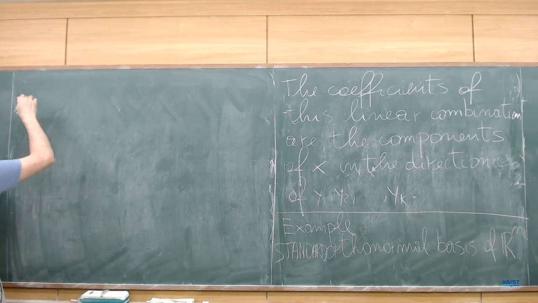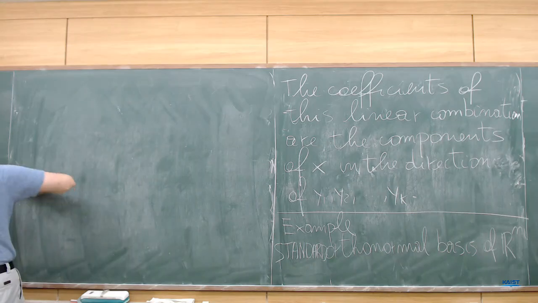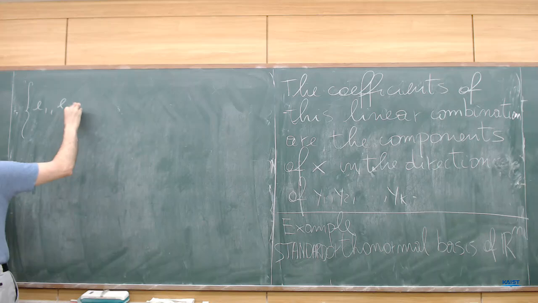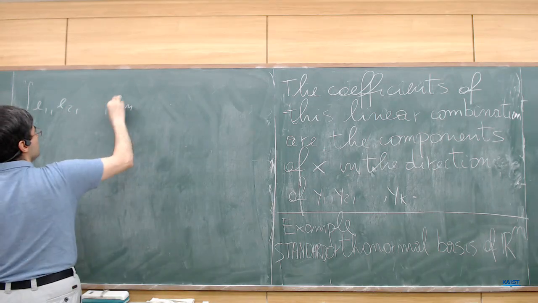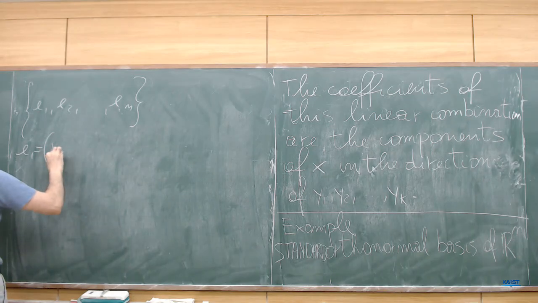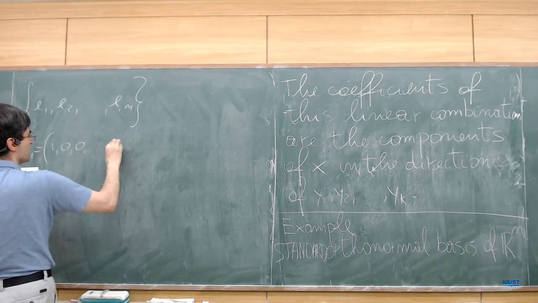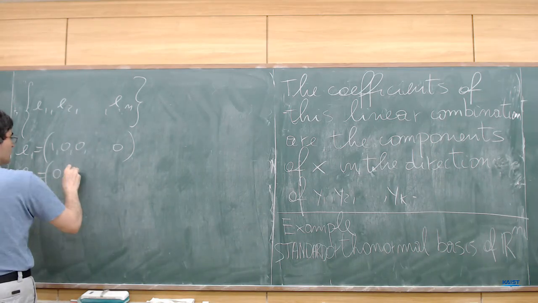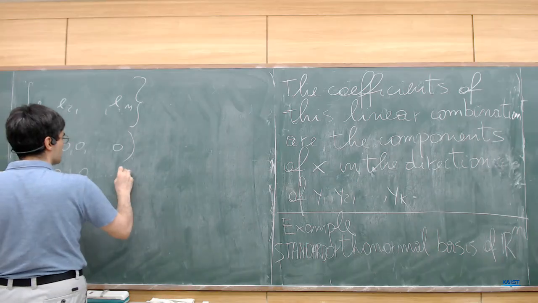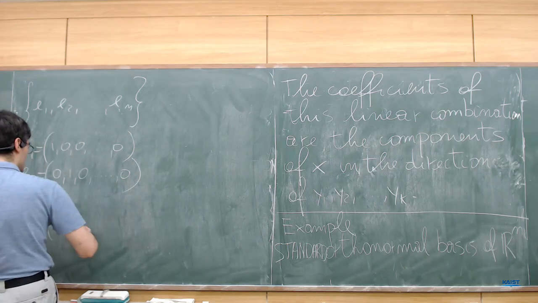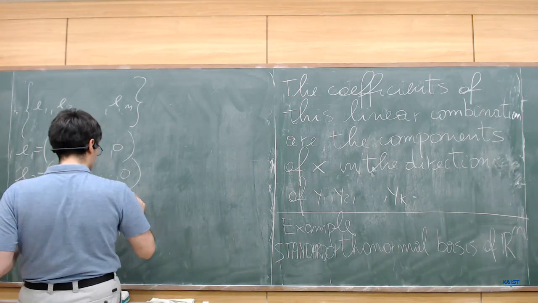This basis is given by the vectors e1, e2, ..., en, where e1 is the vector whose components are 1, 0, 0, ..., 0. e2 is the vector whose components are 0, 1, 0, ..., 0. And we continue this way until en is equal to 0, 0, ..., 0, 1.